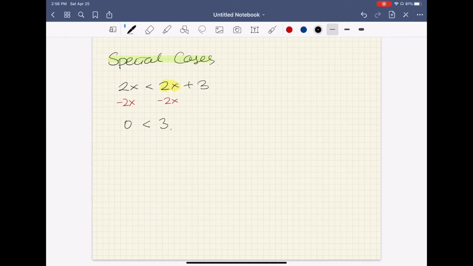If you get an answer that does not have a variable in it, that means this is a special case. So what you need to do here is ask yourself, is 0 less than 3 true? 0 is less than 3. So our answer is yes, 0 is less than 3. If your answer is yes, then that means x can be anything.